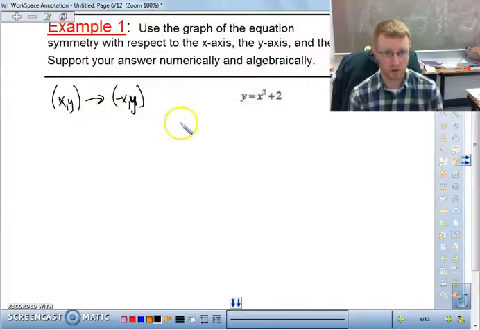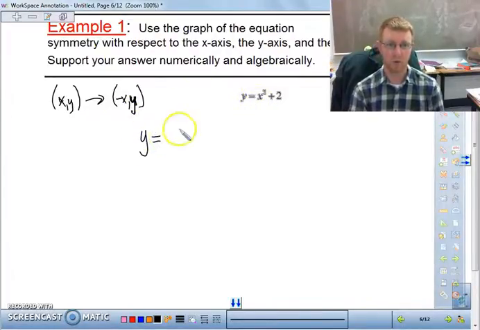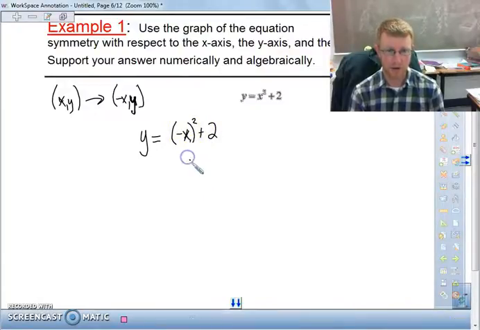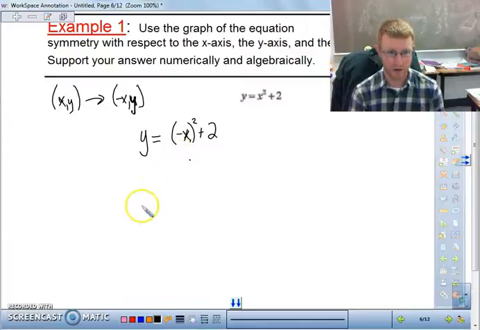So what we're essentially going to do here is we're just going to take the opposite of our x. And this is algebraically. So instead of it being y equals x squared plus 2, it's now going to be y equals negative x squared plus 2. And then what we do is we simplify this, and we see what we get. Well, negative x squared is just x squared.